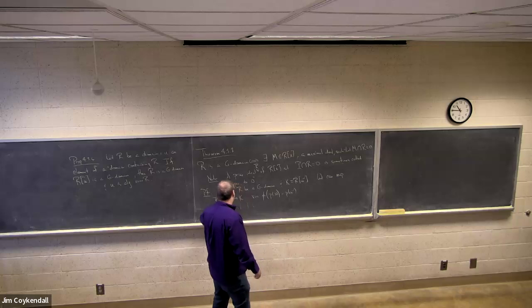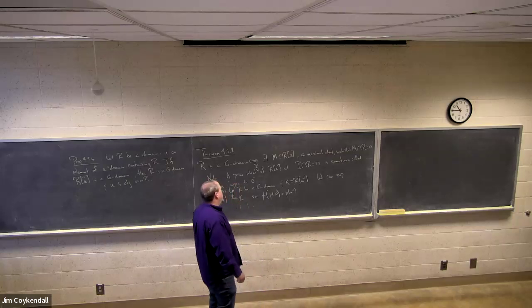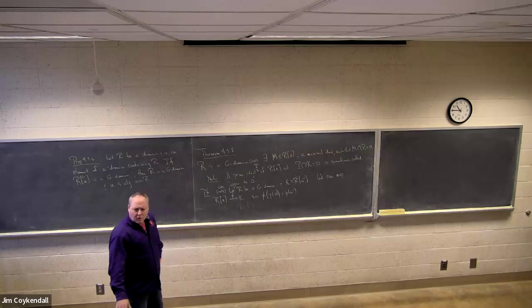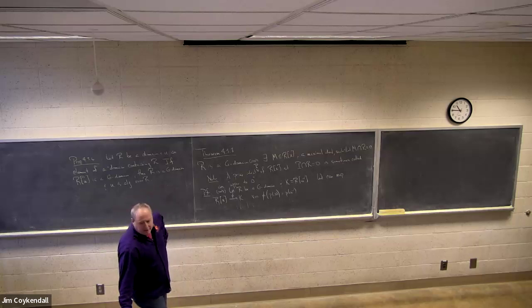So I can map a polynomial ring into the quotient field of R this way, just by plugging in U inverse here.